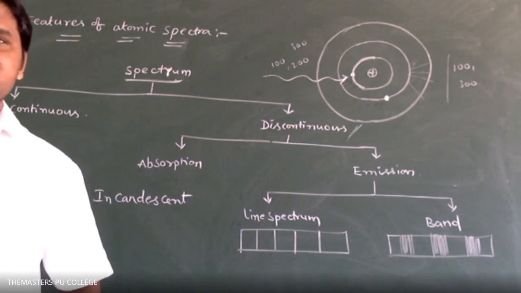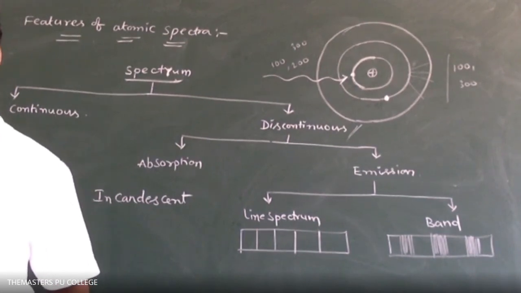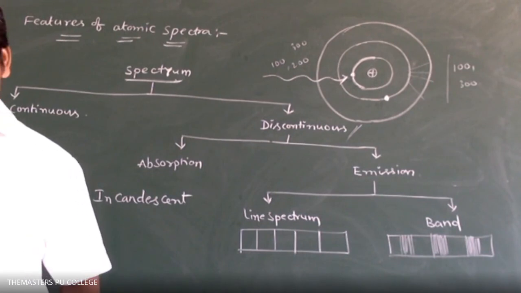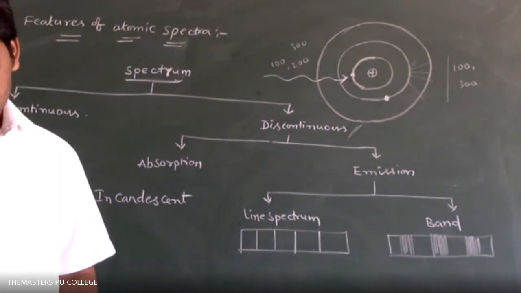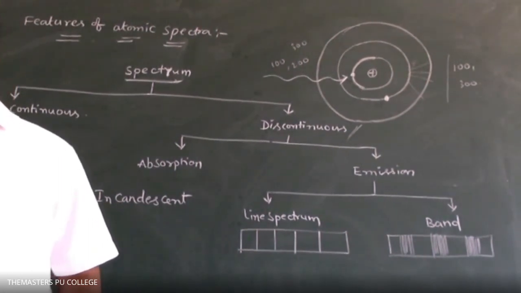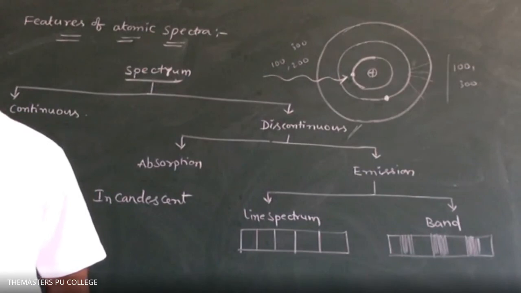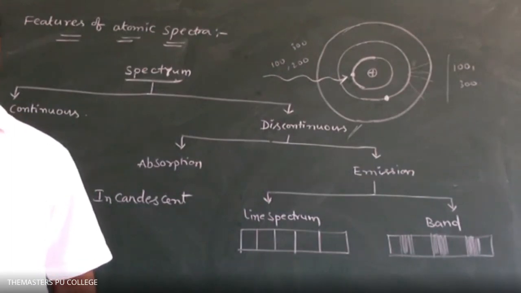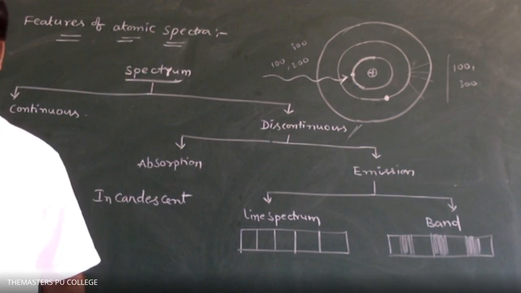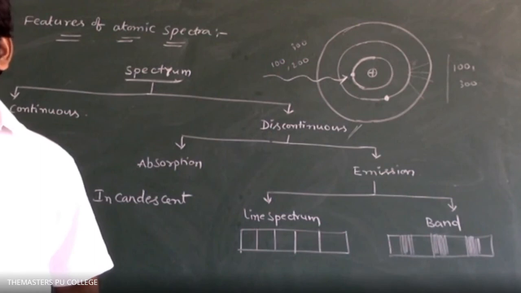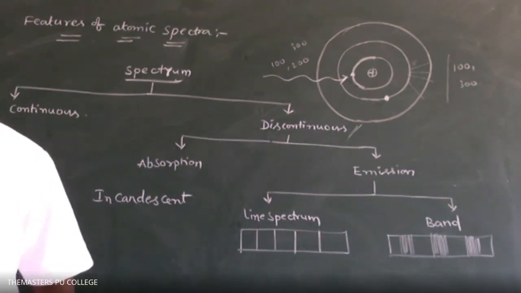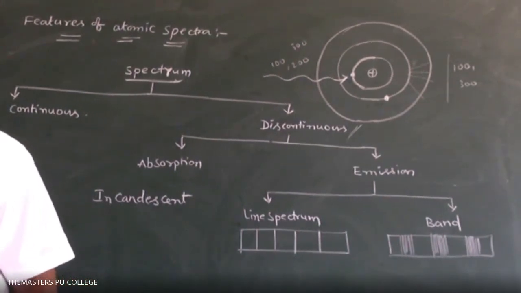Next, band spectrum. It has a series of many closely spaced lines.